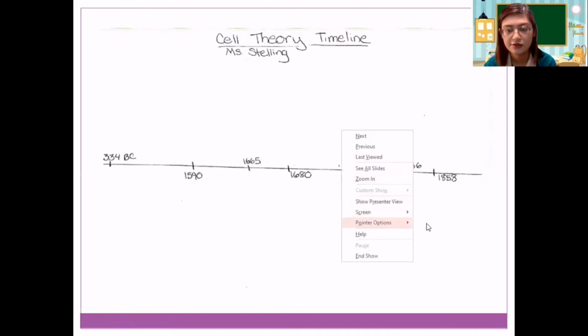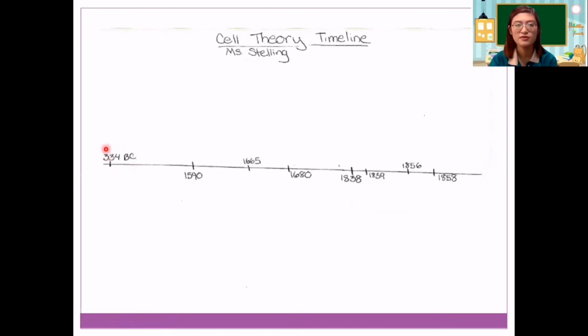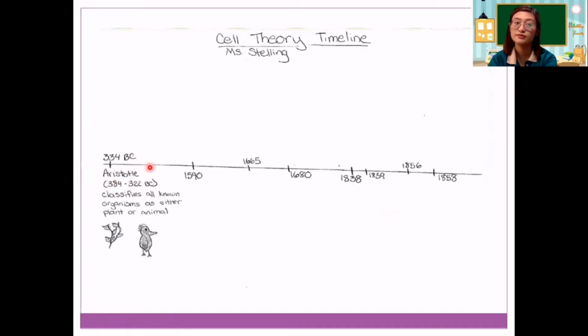In 334 BC, Aristotle was the first one who classified all known organisms as either plant or animal. As simple as that. The classification was that an organism might be a plant or an animal. That was approximately 384 to 322 BC.